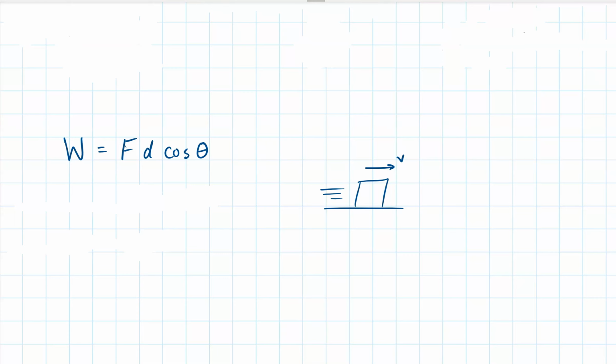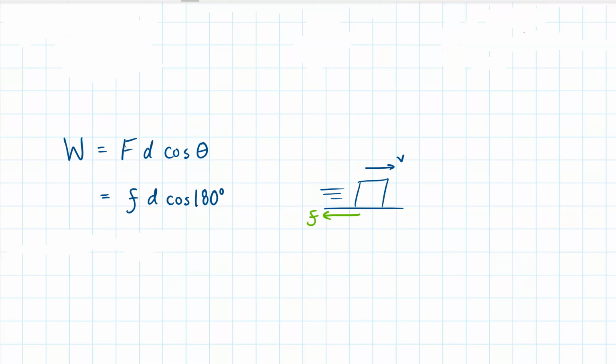I have the box moving to the right, and remember, friction's job in the universe is to try to stop things from moving. So friction is pushing on the box in the opposite direction, coming from the ground. So what that turns into is the friction force, and then the angle is 180 degrees because the direction the box is moving and the friction force are opposites.